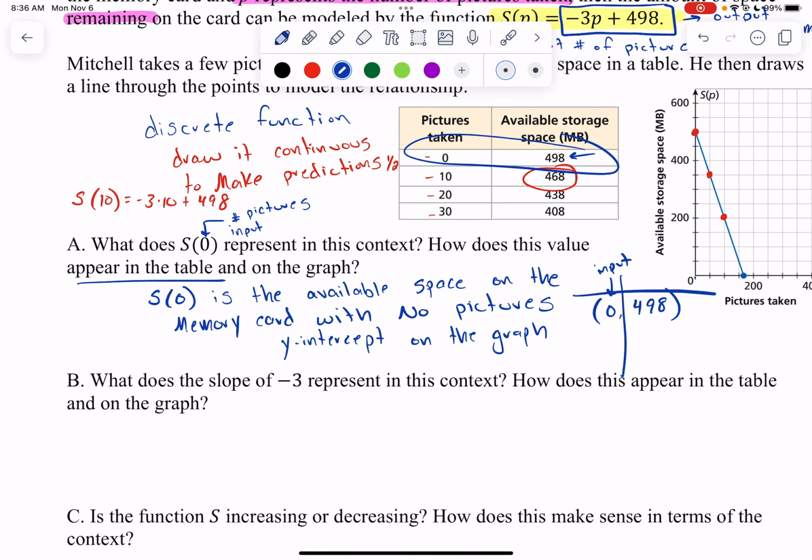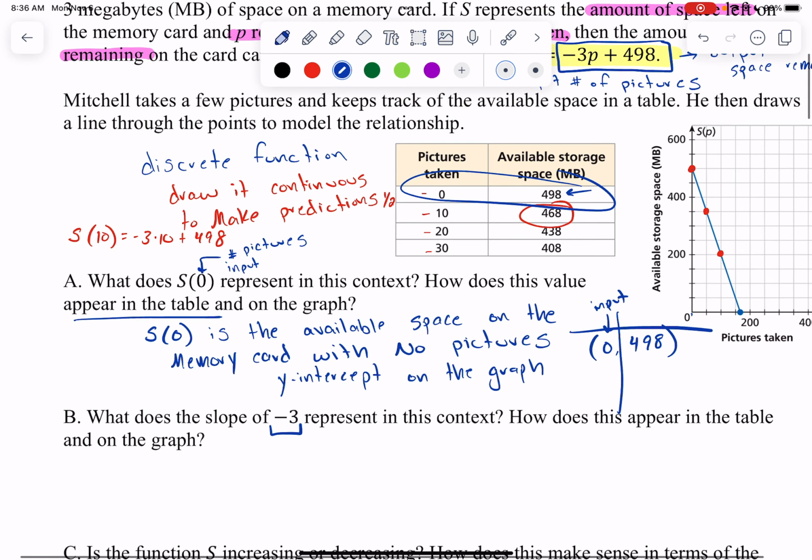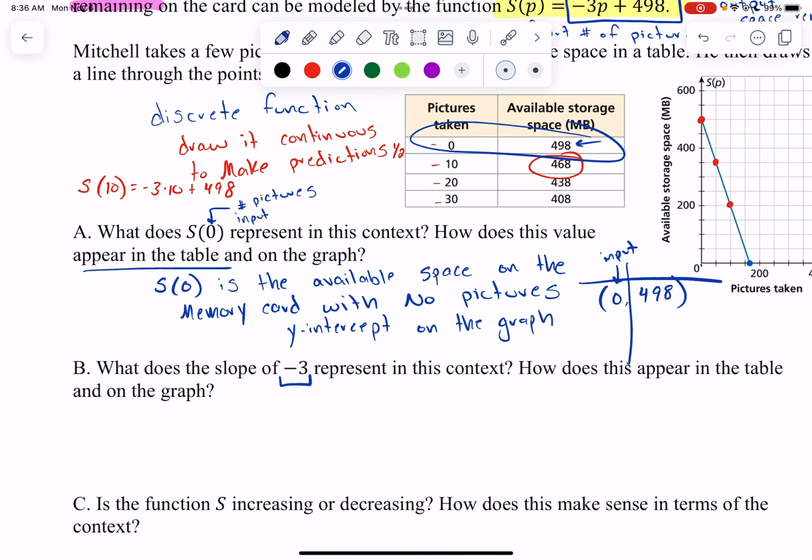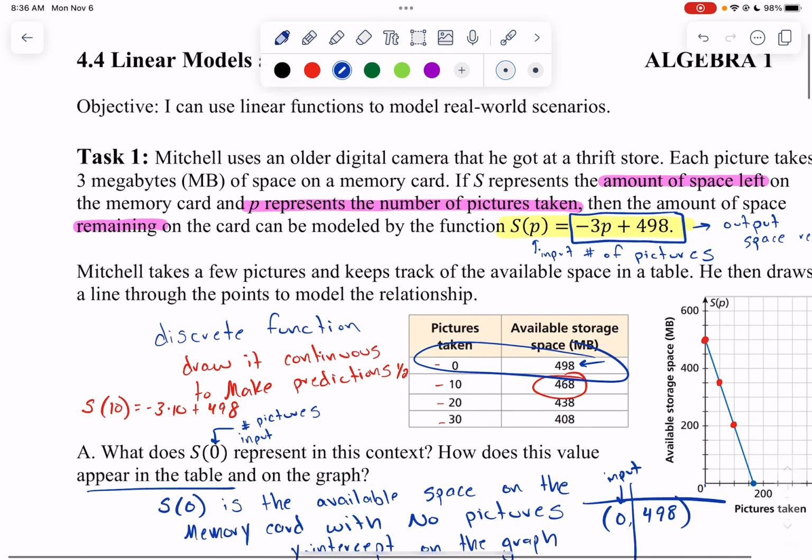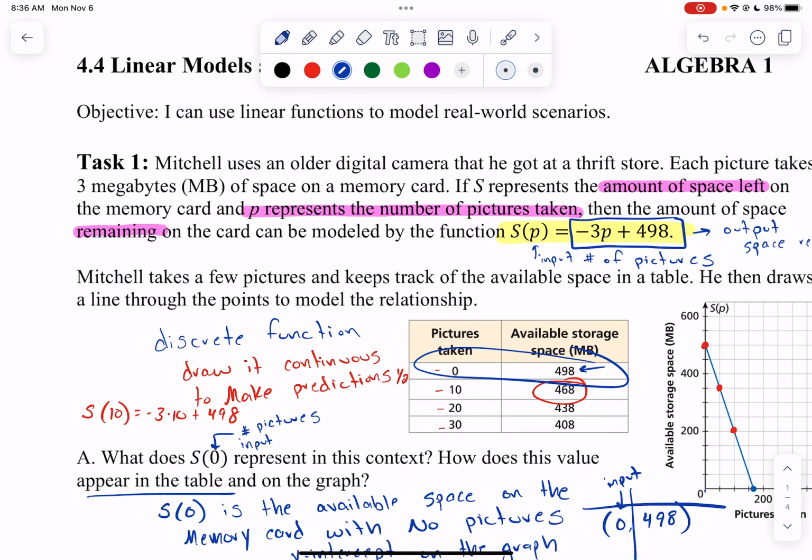What does the slope of -3 represent in this context? To always help me figure out what slope represents, I make sure to remember it's the rise over the run. And it came from my linear function, f of x equals mx plus b. We just pulled that m value off of here. It's the thing multiplied by my variable, my -3.